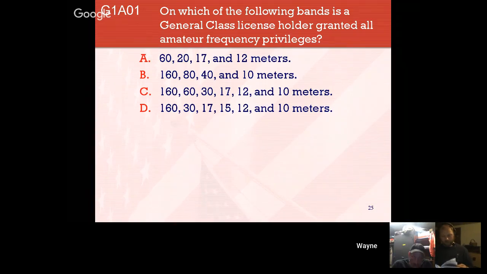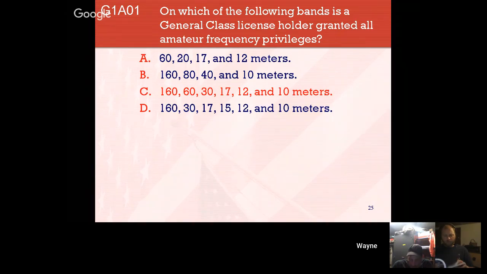Kind of pay attention to this question. It's all amateur frequency privileges. You do not have all frequency privileges on 80 meters, on 40 meters, or on 15, or on 20 meters. You do not have all the privileges on those 4 bands. You do have all the privileges as a general class licensee on 160, 60, 30, 17, 12, and 10.